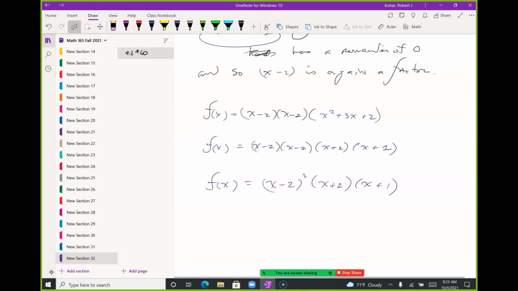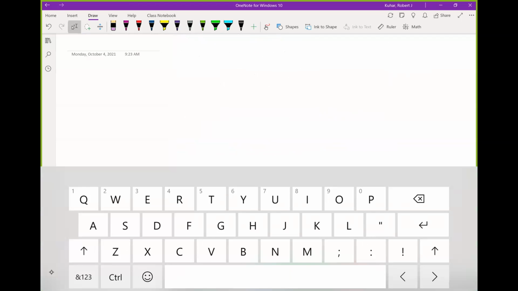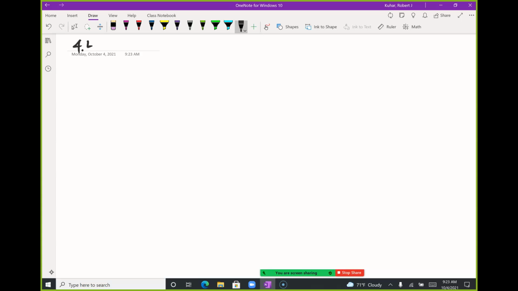So we are talking today about section 4.4, and what we're talking about are rational functions. Rational functions are very simple.